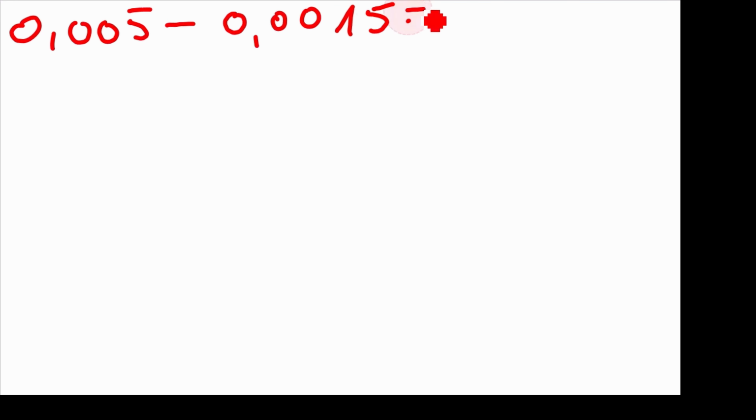So now we need to write a very simple equation. 0.005 moles of the silver cations before the process minus 0.0015 moles of the silver cations which were deposited on the surface of the silver plate.